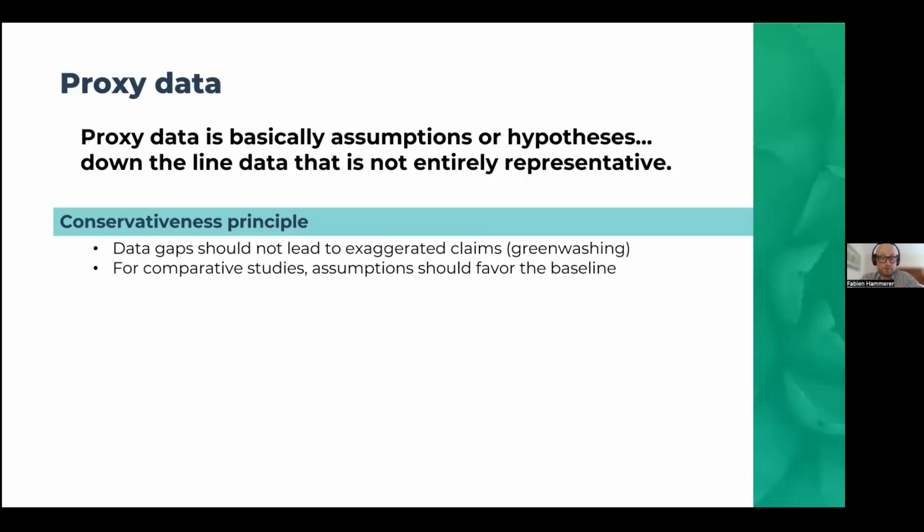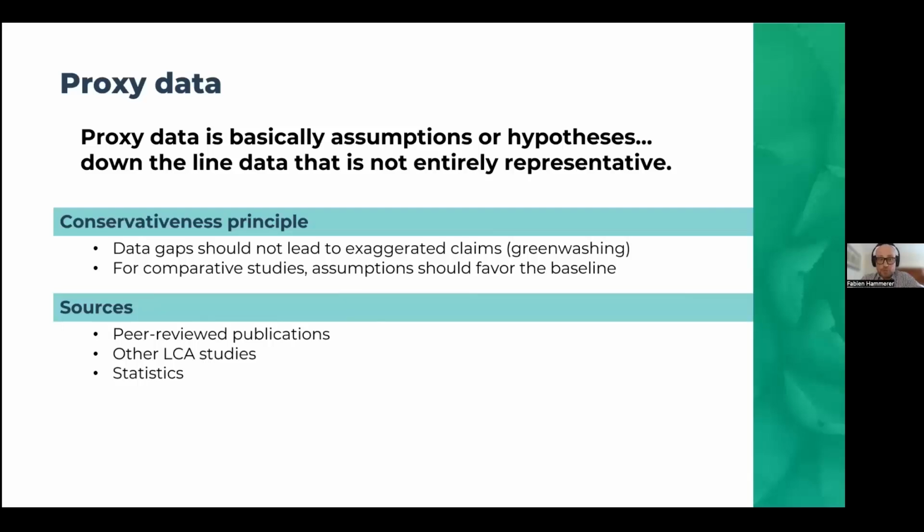First is the conservativeness principle, which extends to all environmental reporting, that data gaps should not lead to exaggerated positive claims, or what we call greenwashing. And if you're conducting a comparative study, then the assumptions should always favor the baseline so that you don't exaggerate your claims.